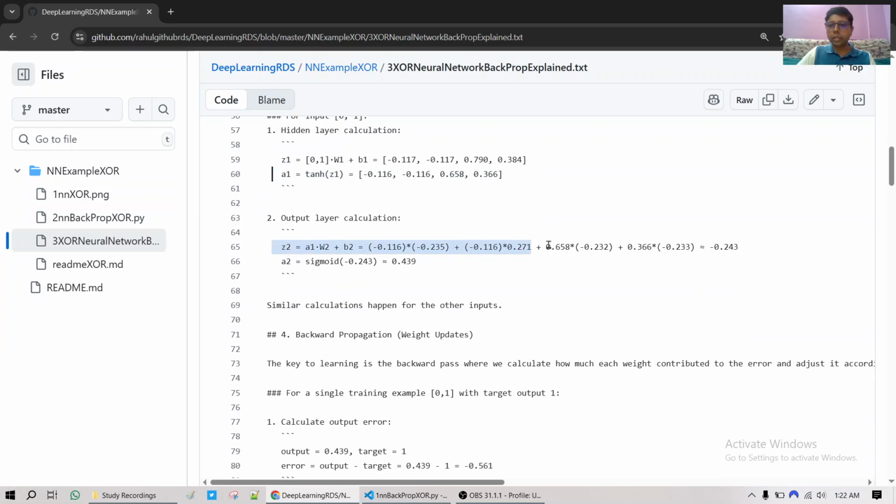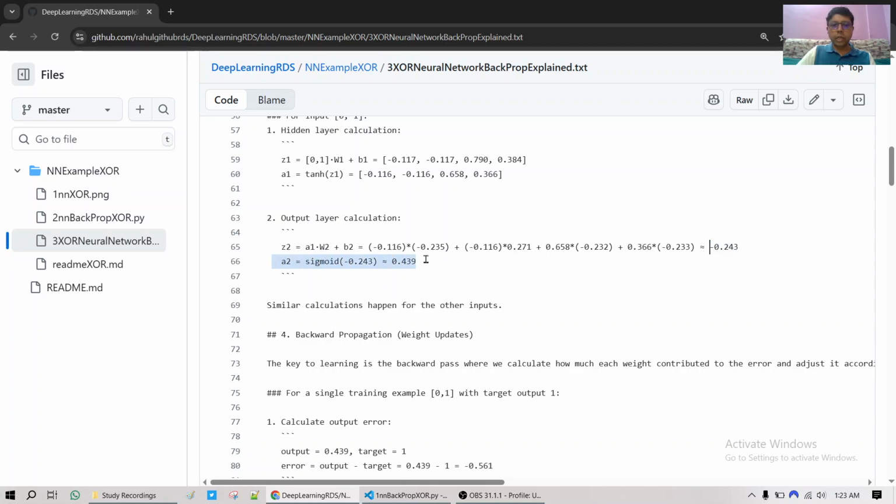Our output layer takes the output of the hidden layer A1, with the weightage of the output layer plus bias: the output of the first hidden node and the output of the second node, each with the dot product of the output layer weightage. So what we have got is this value.